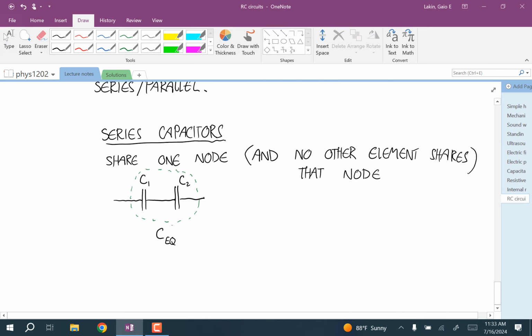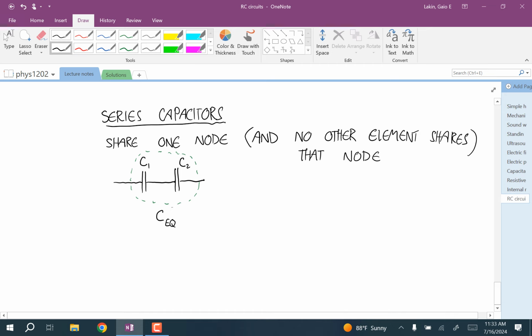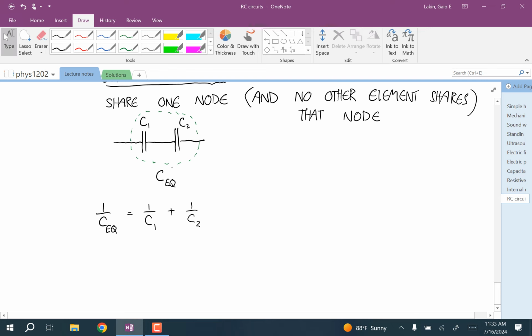Okay, so what's the capacitance of this combination? What's the capacitance C equivalent? The easiest way to remember it is 1 over C equivalent is equal to 1 over C1 plus 1 over C2. But that's not the way you would do the math. To do the math, you would have to get a common denominator and then flip it with the reciprocal.